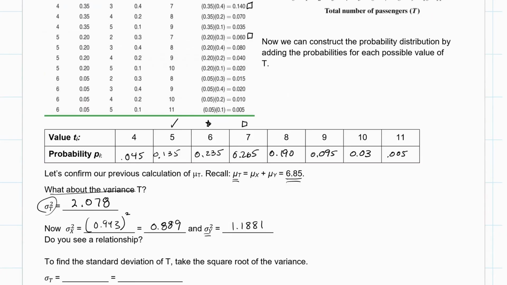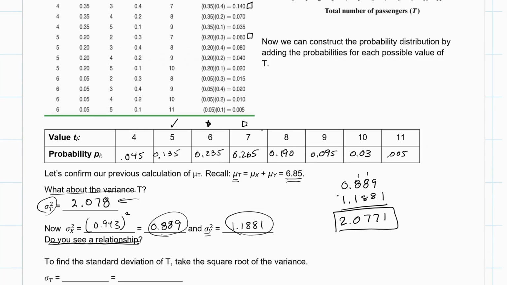2.078. And it says, now do you see the relationship between this variance and this variance? Well, if I'm not mistaken, if I take this variance, 0.889, and I add it to this variance, 1.181, look at that.